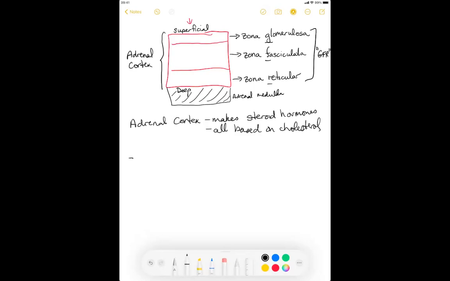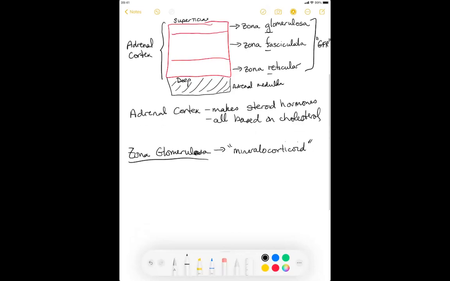So the zona glomerulosa produces a hormone type called a mineralocorticoid. It's very much involved in regulation of sodium balance in the body, and this is the one that we're going to talk about.